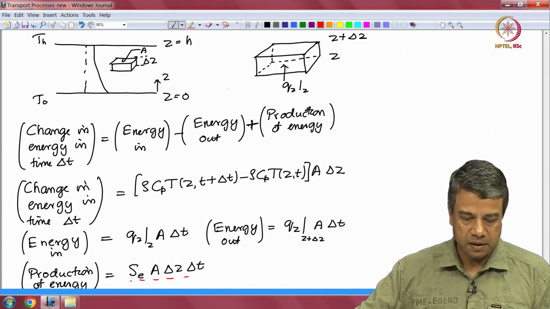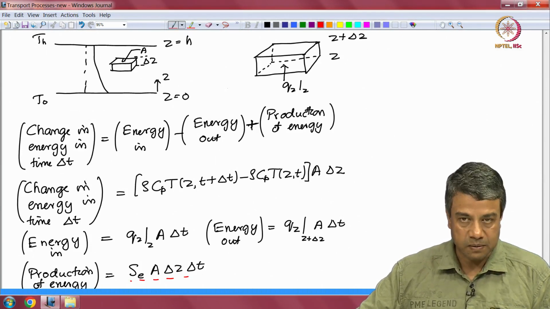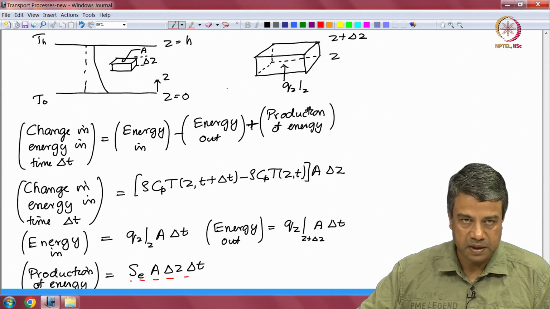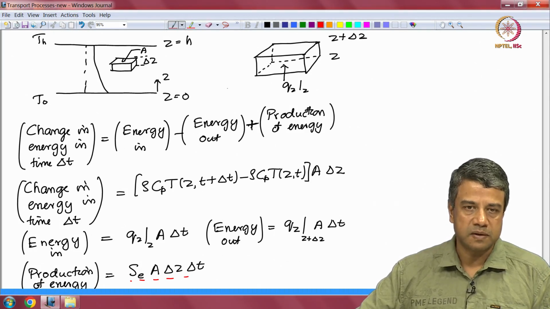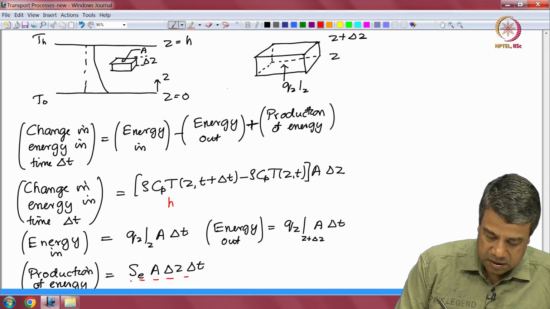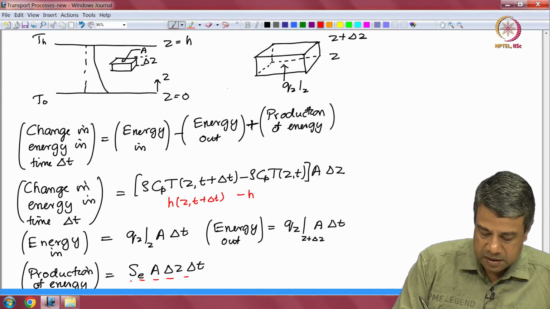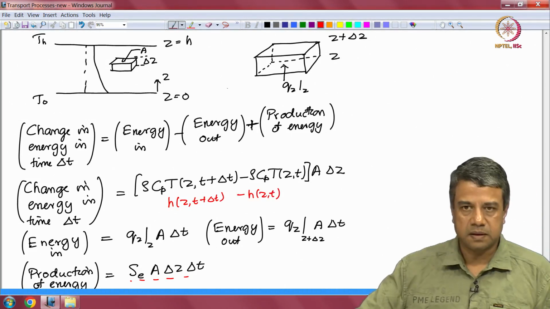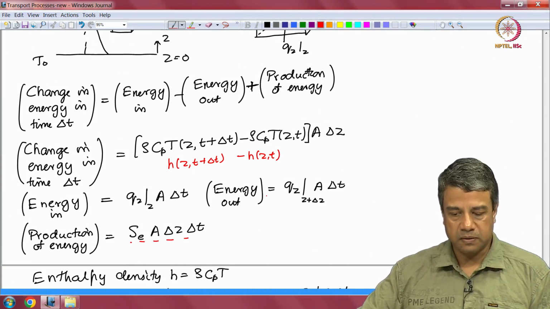Similarly, we had done the energy balance equation. This is actually done for the enthalpy within that differential volume. The change in enthalpy for a constant pressure process, I had written this as the enthalpy density H at z, t plus delta t minus H at z, t, is equal to energy in minus energy out.